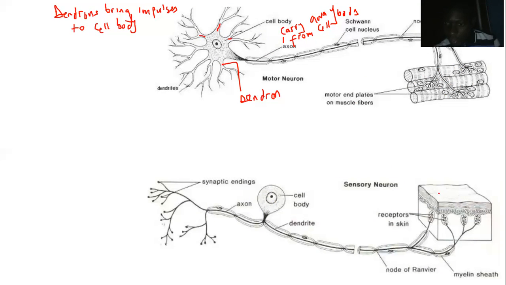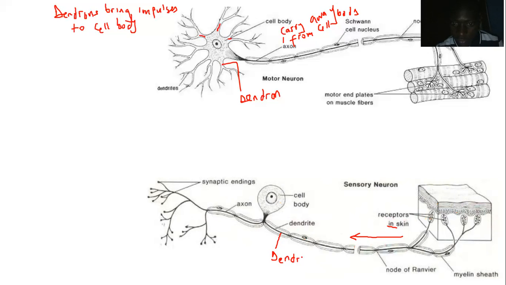Okay. Now, you can see here, this is the sensory neuron. It is coming from, let's say, the receptors in the skin, meaning that the impulse is going to be conducted towards this side. So for the cell body, this is going to be its dendron, and you can see it is 1.